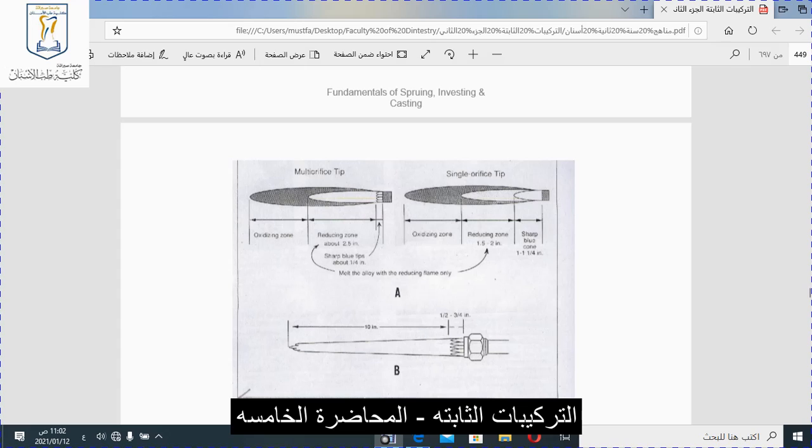It will not be done in the oxidizing zone. The oxidizing zone color is blue and yellowish, so there is more oxide here, and in the mixed zone it is slightly green, so the colors are mixed here. The flame is mixed here, and here also.